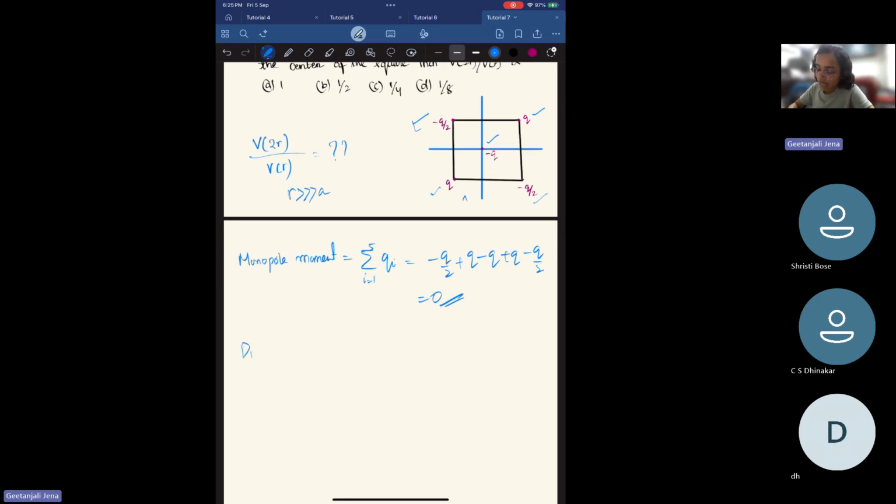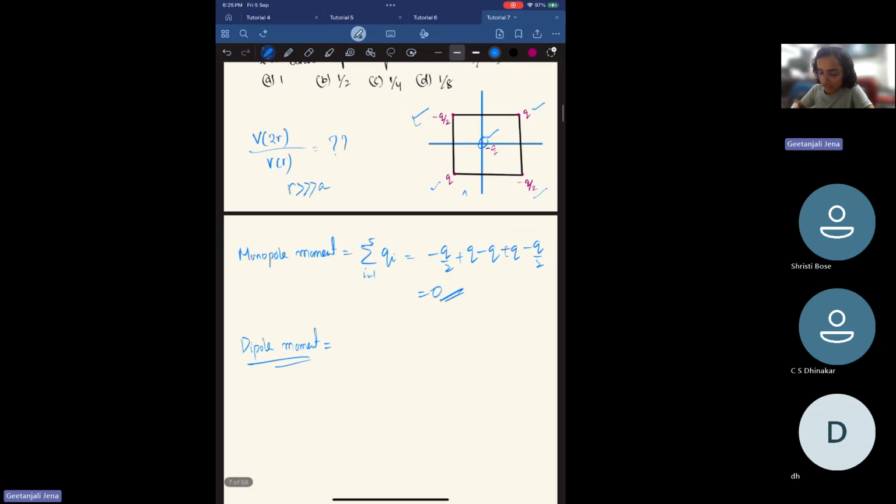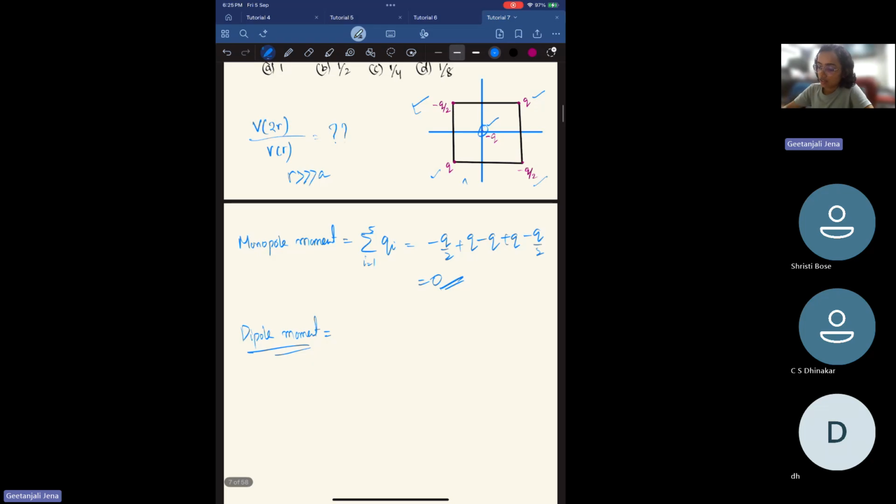Now let us see whether the dipole is zero or not. And because the monopole is zero, you can take any point as your origin. So let us say minus q is at the origin. So you can find out the location of all the charges.